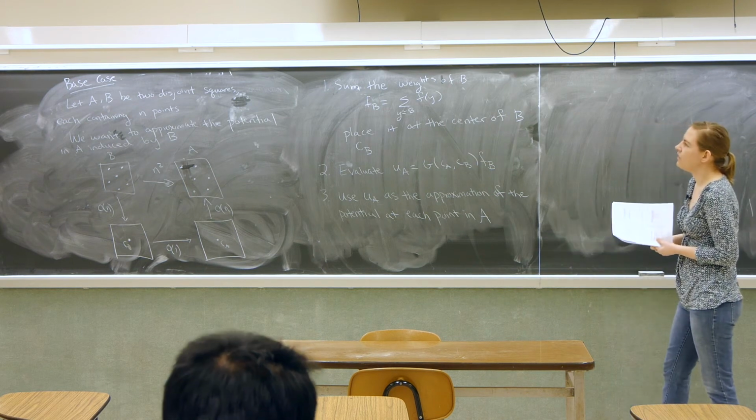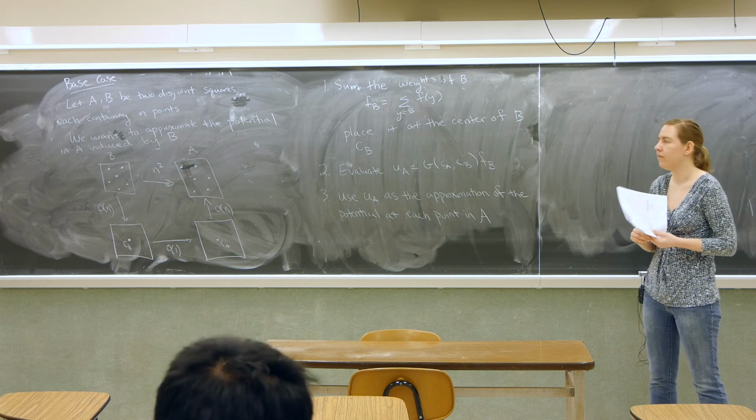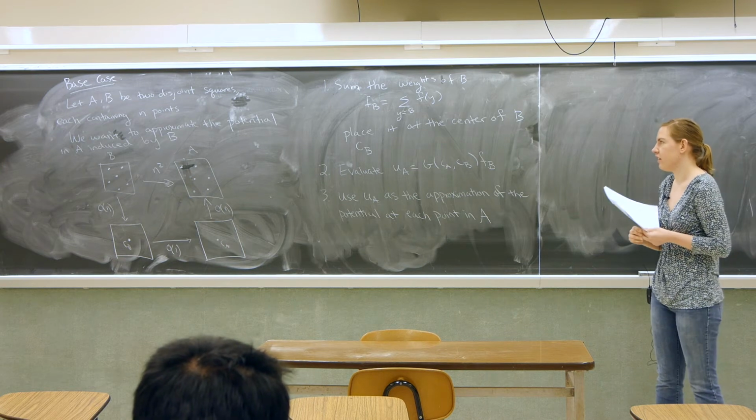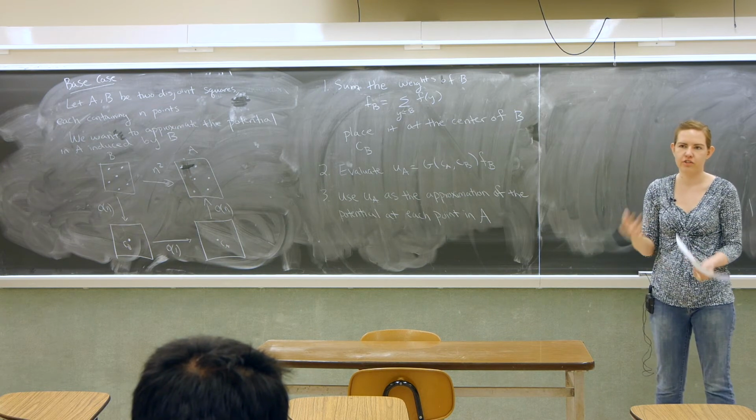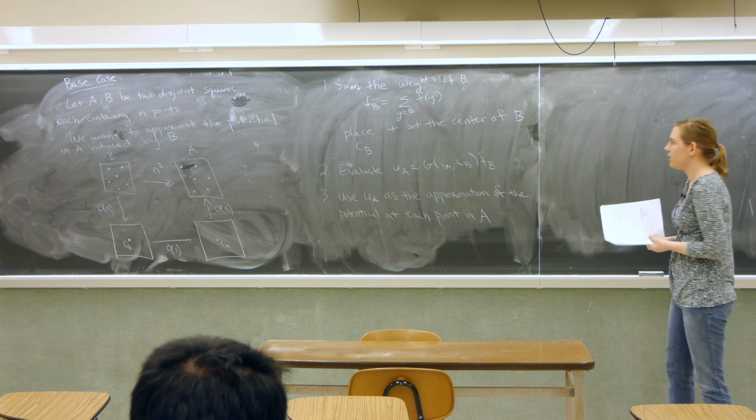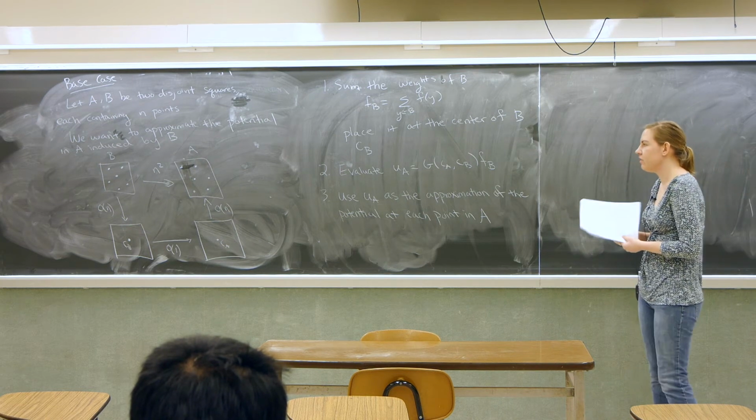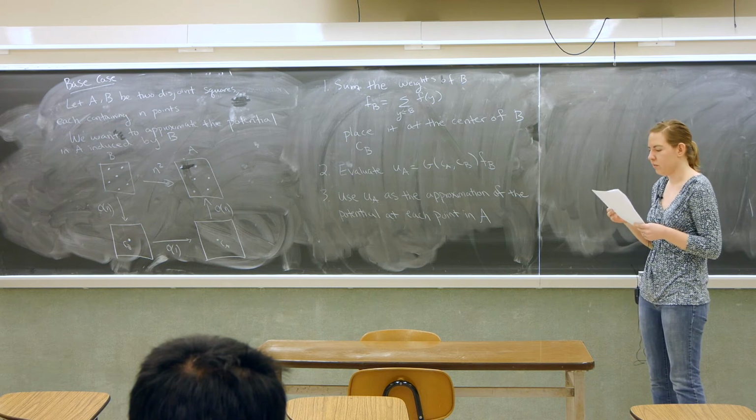Okay, so like I said, to use the fast multipole methods, we have to be able to make low rank factorizations or approximations to the kernel function. So that's what we did here. We did a rank 1 approximation.